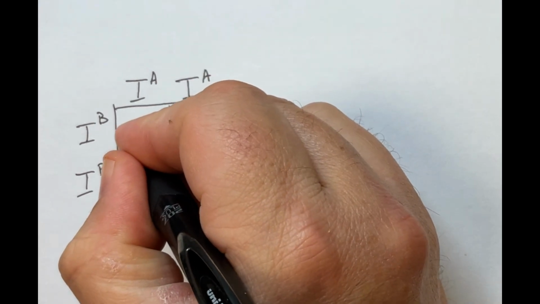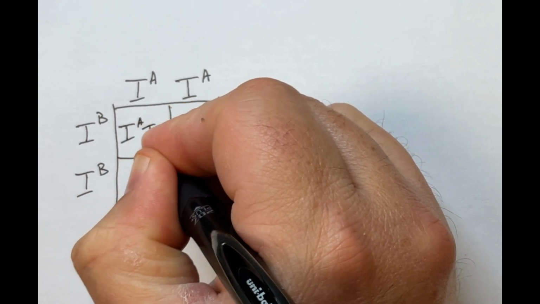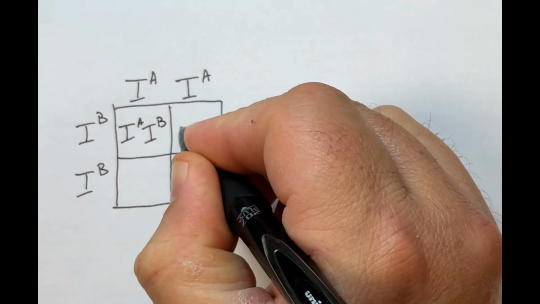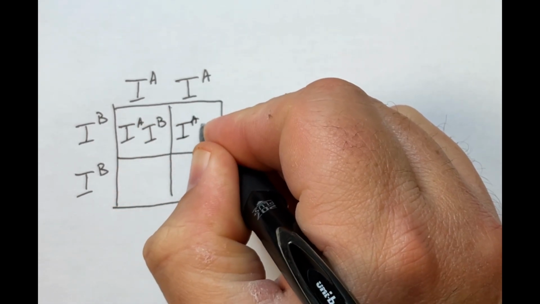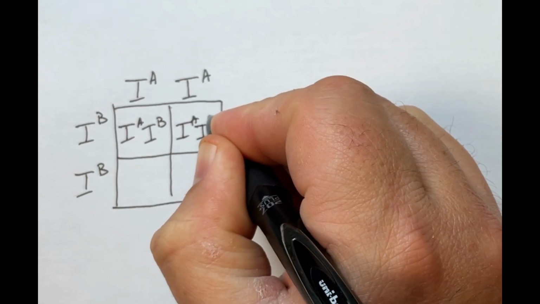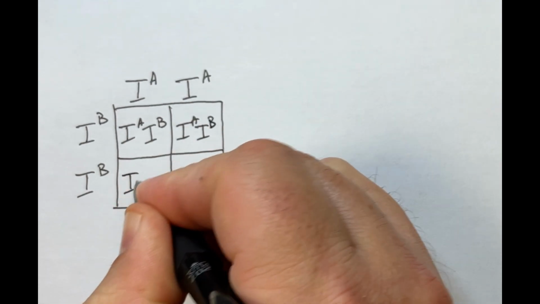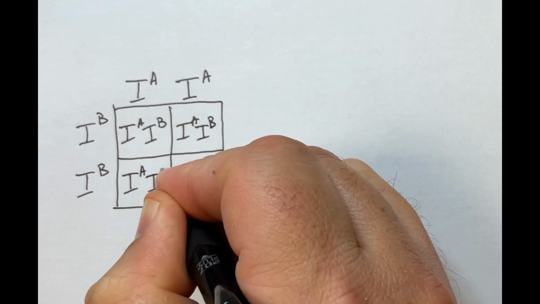And so when we cross these, there's only one possible outcome. In this situation, you can only have type AB offspring.